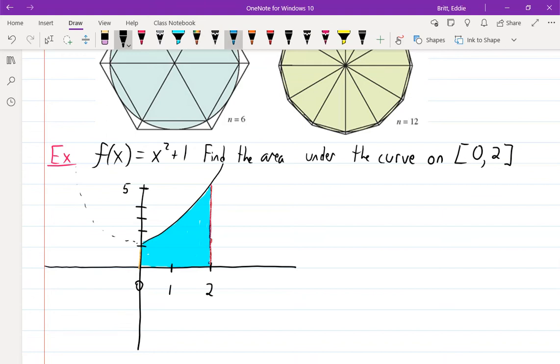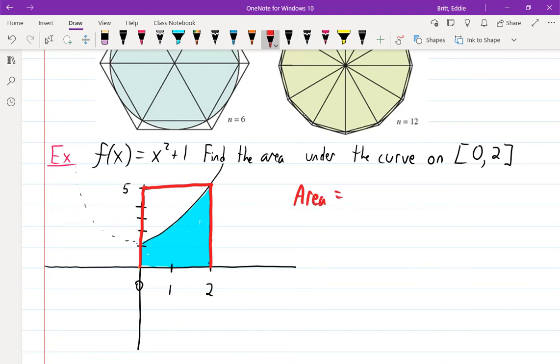But one way that I could estimate that, and it would of course be a rough estimate, would be just to make a rectangle, right? I could just draw a rectangle there and figure out the area of the rectangle. So what would the area of that rectangle be?